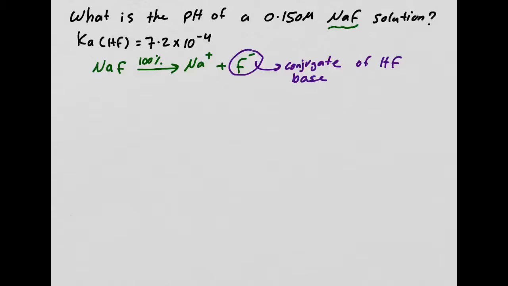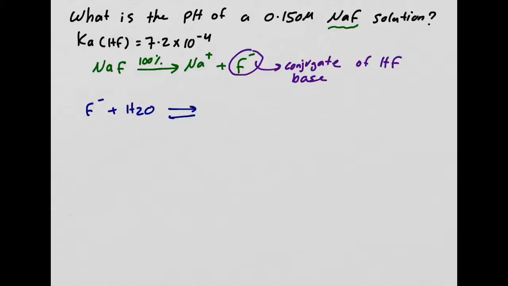So I can do hydrolysis. I can write a hydrolysis for this: F minus plus H2O. Because this is going to act like a base, I can do hydrolysis for it. F minus is my base, so water is going to be my acid.